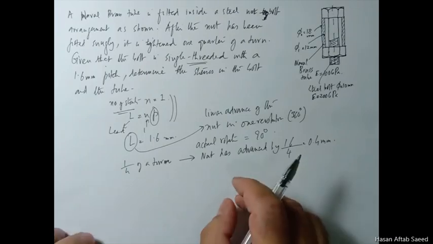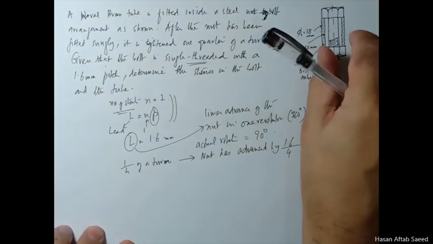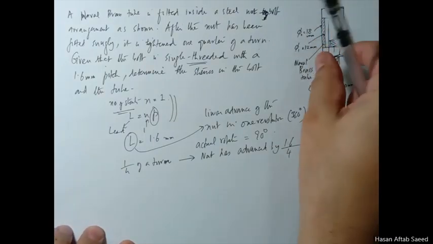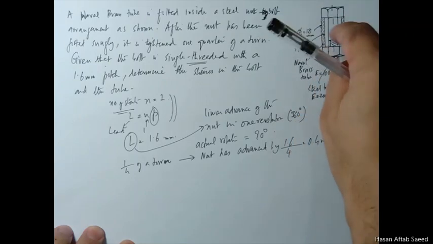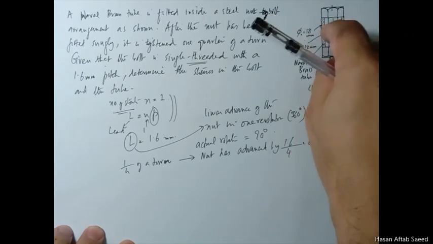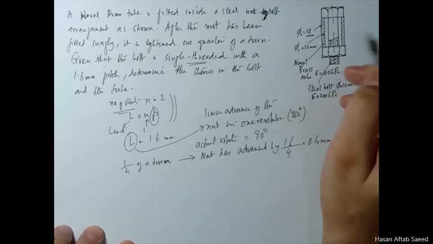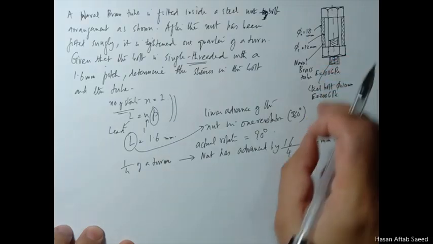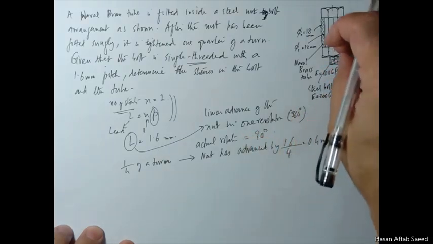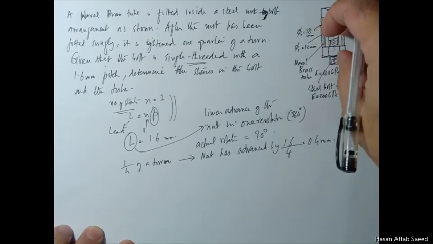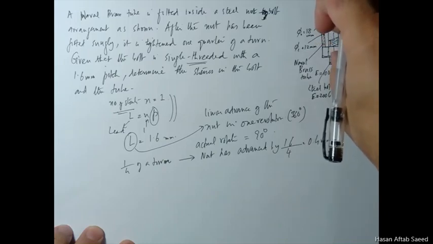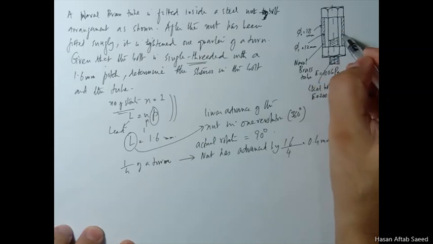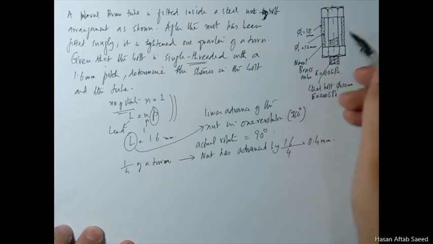Now this is an interesting thing. You rotate the nut, it ought to advance. If there was no brass tube here, then your nut would have advanced exactly 0.4 millimeter. But now what happens is, this tightening of the nut elongates this steel bolt, and at the same time it compresses the brass tube.